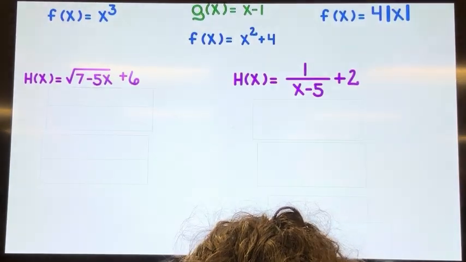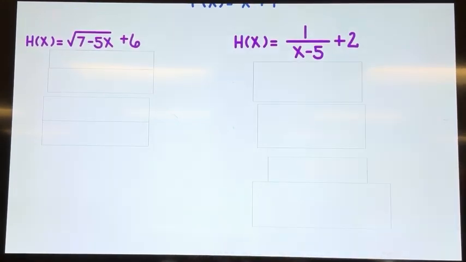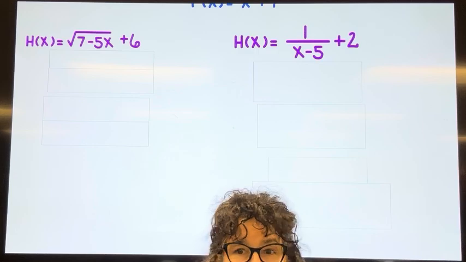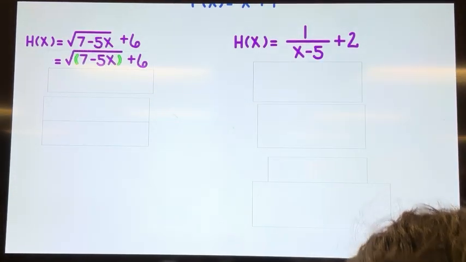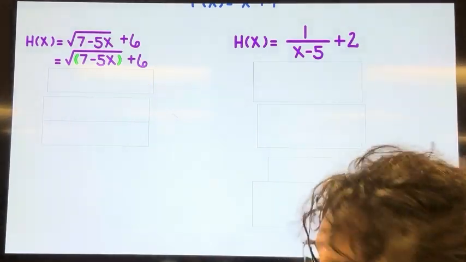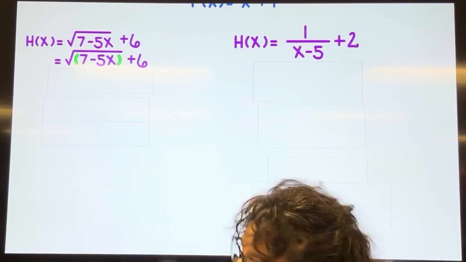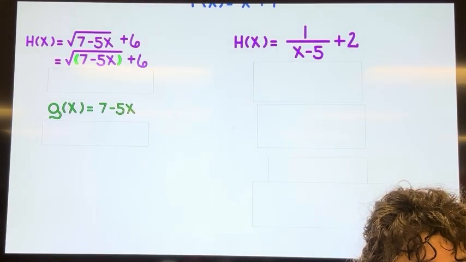Okay, so here's another couple problems. These ones, we have a square root. Now a square root is a grouping symbol. So just emphasizing those grouping symbols, what's inside of there is 7 minus 5x. So that's going to be my input function.